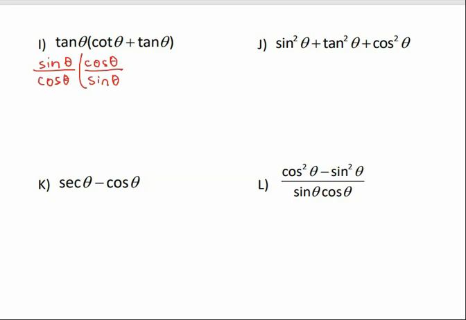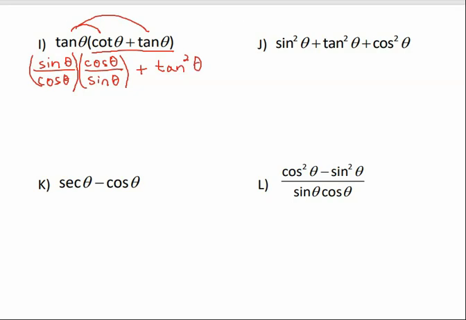If you'll notice, this is in parentheses, so we're distributing this tangent into these parentheses. These two would get multiplied together, plus tangent of theta times tangent of theta, so that would be tangent squared theta.